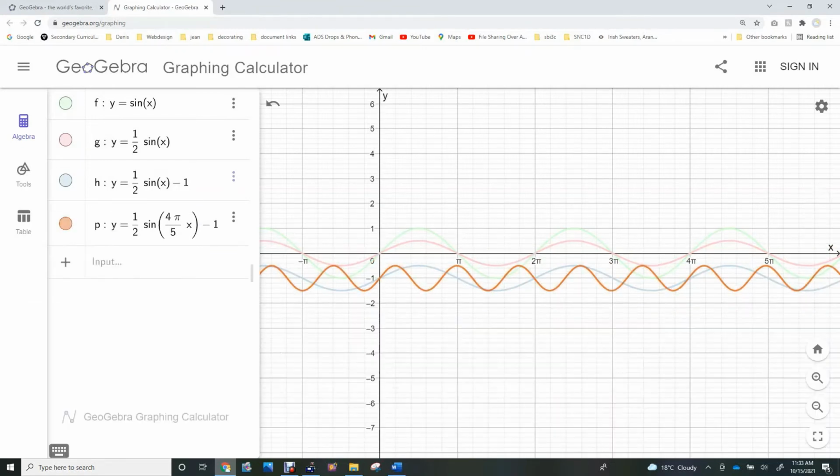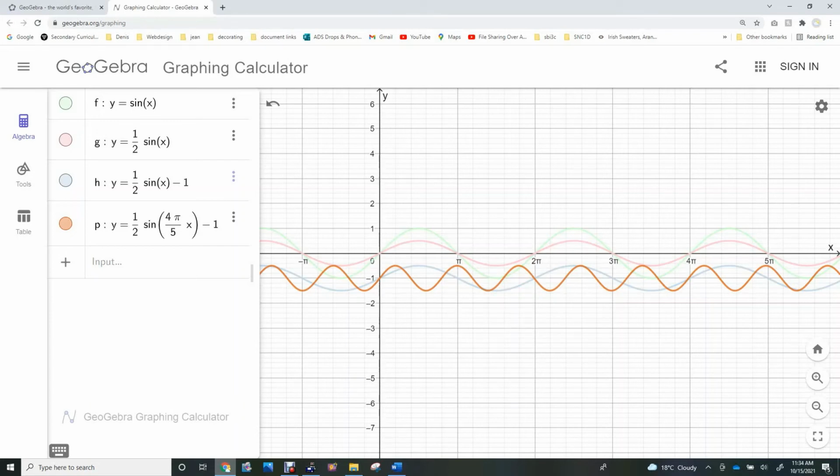So what happened here in the orange one is that where before we had one pattern stretching out from 0 to 2 pi, now we have one pattern occurring, and if you count your little subticks here, it's 1, 2, 3, 4.